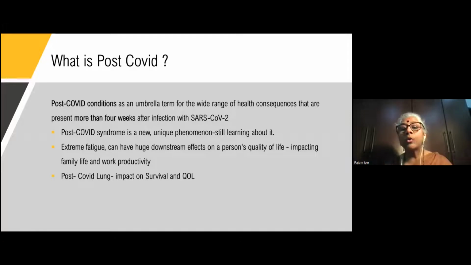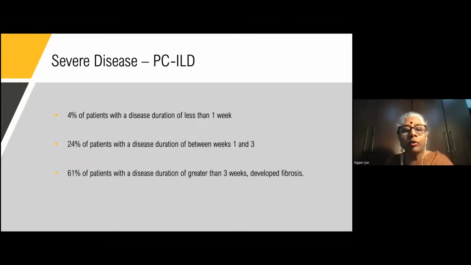And we have this huge burden of post-COVID fibrosis, which again, I'm sure all of my friends across the country are seeing. And it is not easy because these patients are mentally fragile and physically upset, and these are the ones who were absolutely fine before they got COVID.